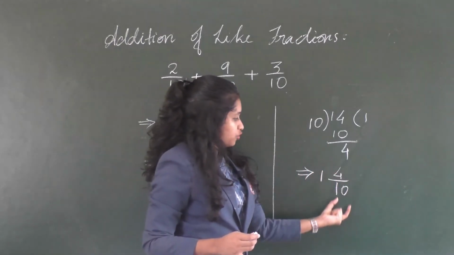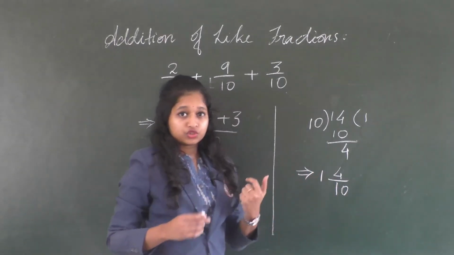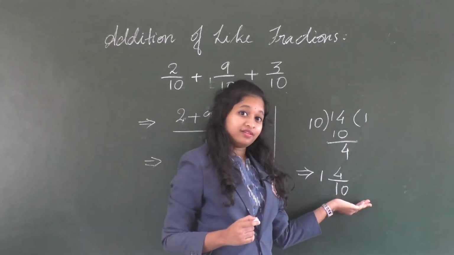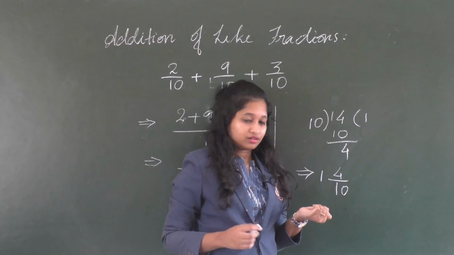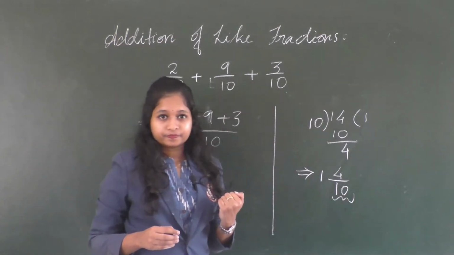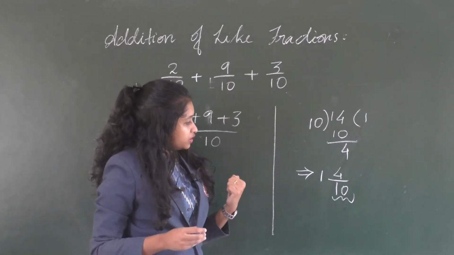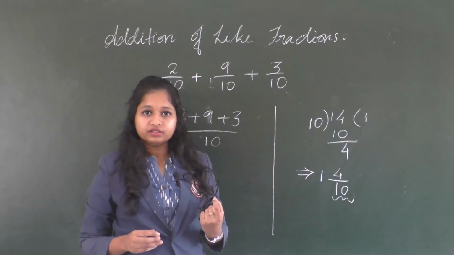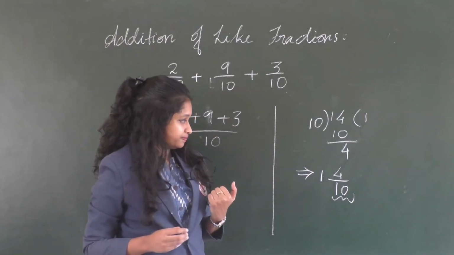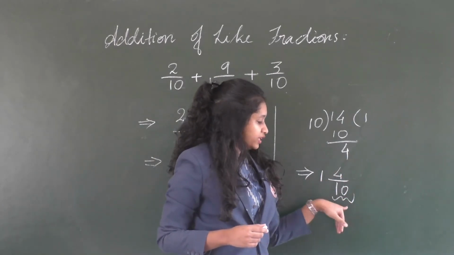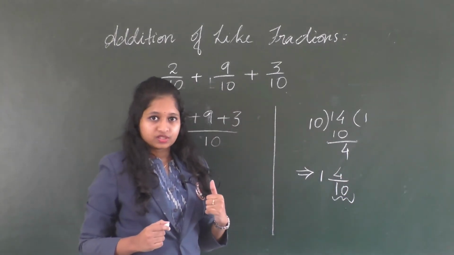Now if you observe 4 by 10, we can reduce this again, only this part, 4 by 10. If you divide numerator and denominator by a common factor, yes, we can divide numerator and denominator by 2, isn't it?